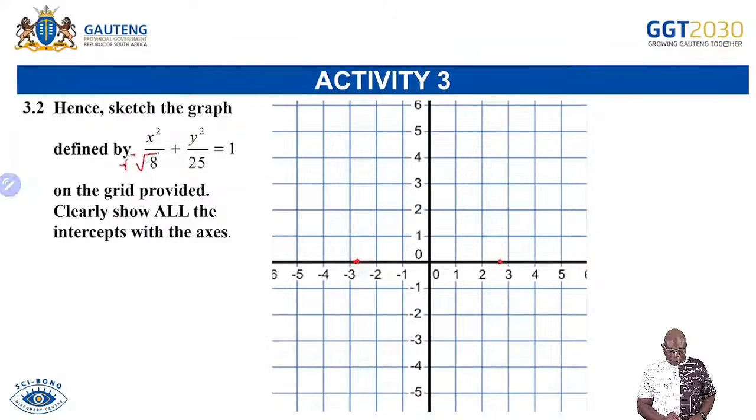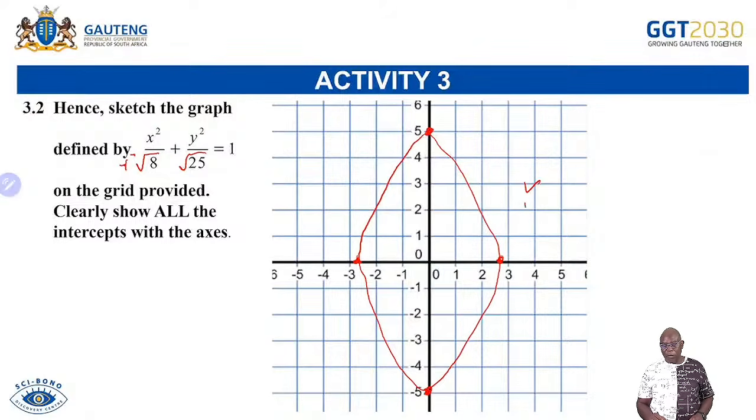The square root of 25 plus minus, it's going to be a 5 and a minus 5, plus minus, okay? Then from there, I just join these points by using freehand. My x value is that, my y value is that, my x value is here. I get my 2 points here. Okay, easy question, straightforward.